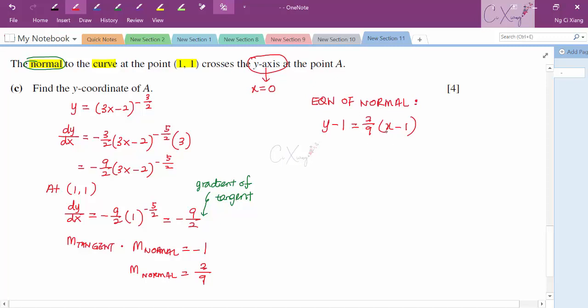So we can substitute x equals to 0 into the equation of normal, and we will get y equals to negative 2 over 9 plus 1, where the y is equals to 7 over 9. And this actually is the coordinate of the point A. All right, so the point A coordinate will be 0 and also 7 over 9.